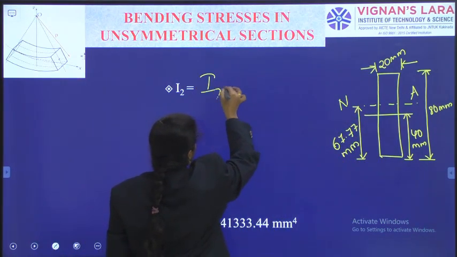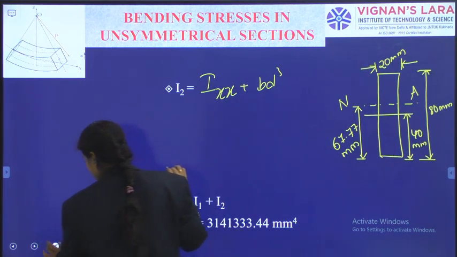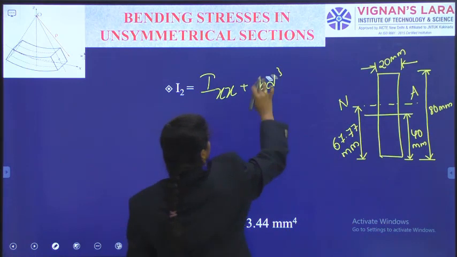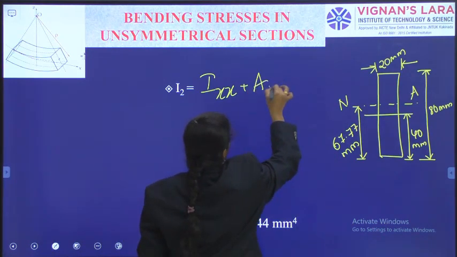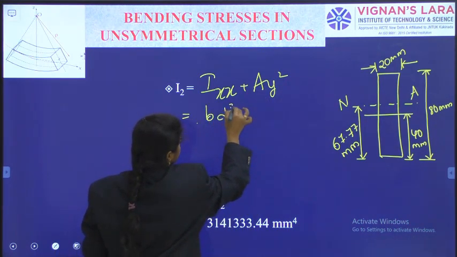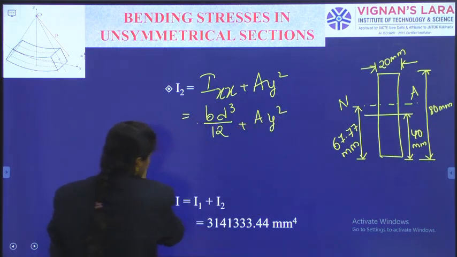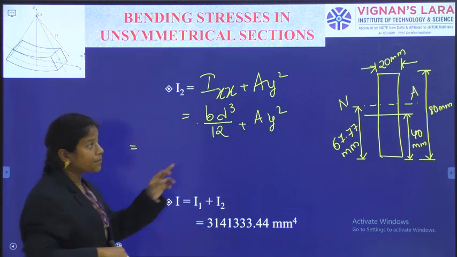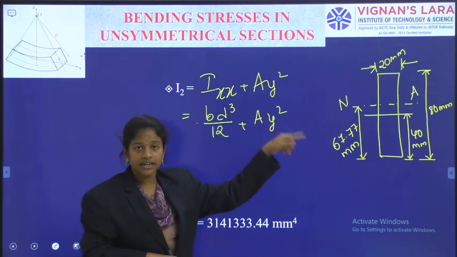Again Ixx plus A y square, that is equal to, again it is a rectangle, b d cube by 12 plus A times y square. What is the b? b for the segment is the dimension parallel to the axis line.